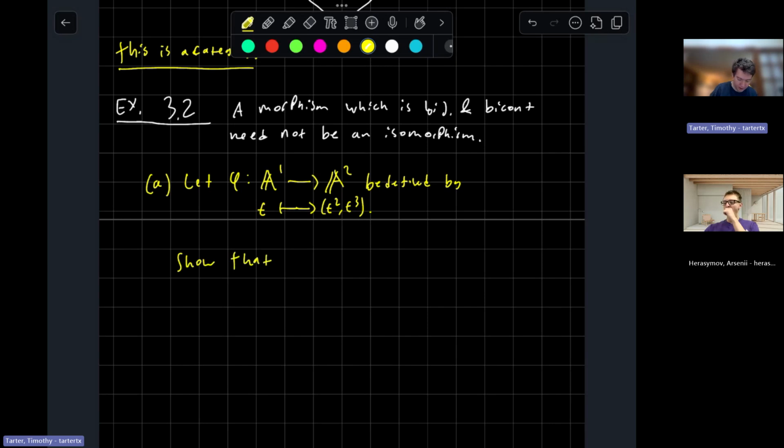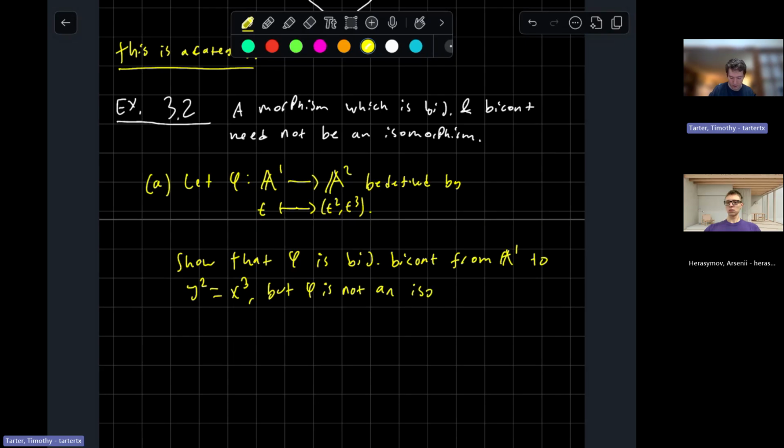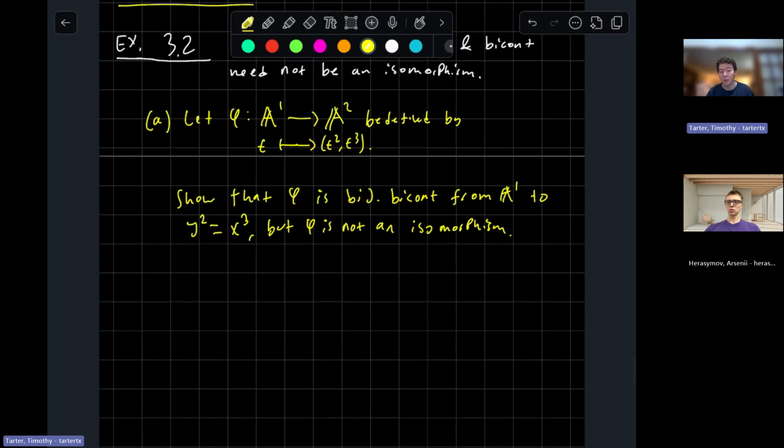And then show that phi is bijective and bicontinuous from the affine line to y squared equals x cubed. But then phi is not an isomorphism. And then by counterexample, of course, our claim is proven.